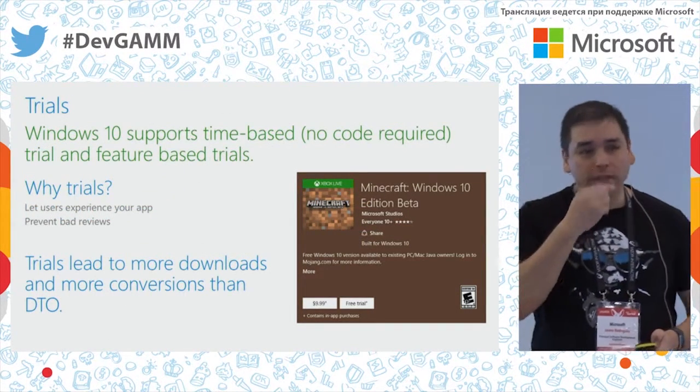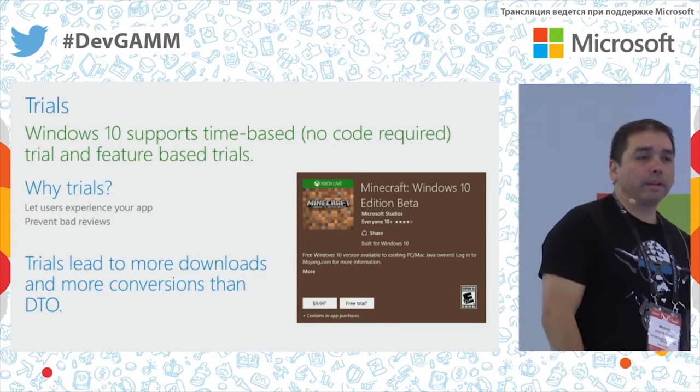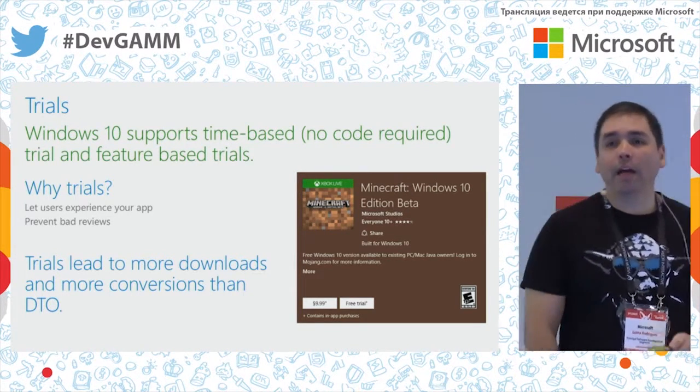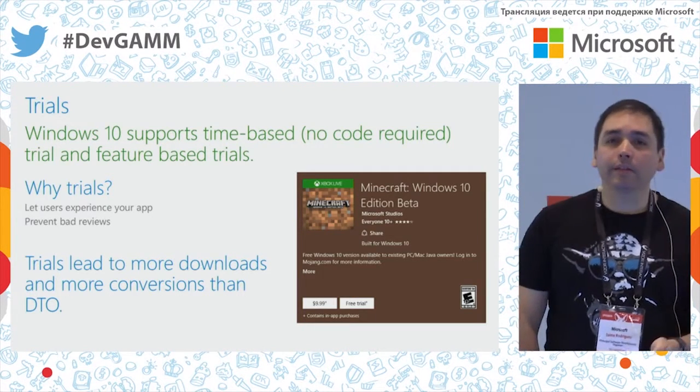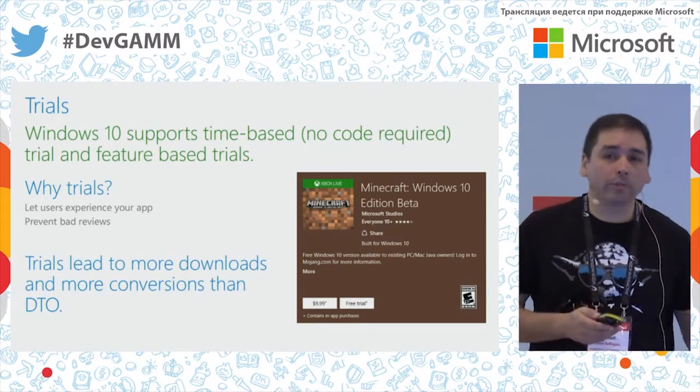Another thing that we have that's different from other stores is trials, right? Trials gives you the ability for a user to try your game before they pay for it. And this is a best practice that I actually don't see used as much in our store as I think it should be.